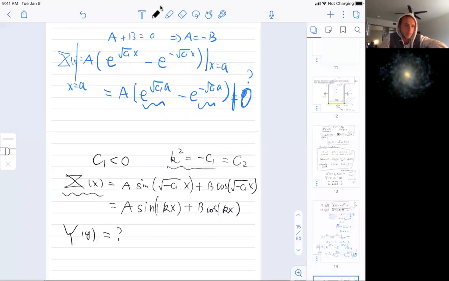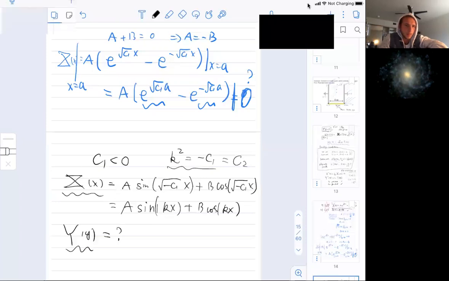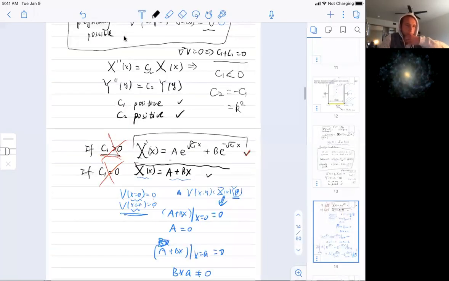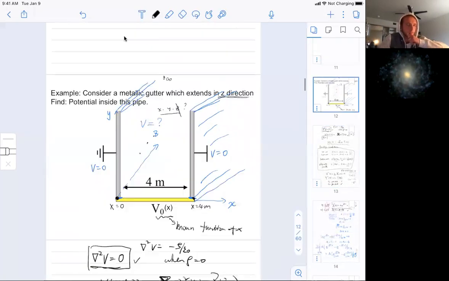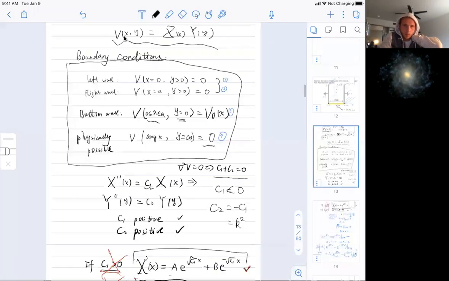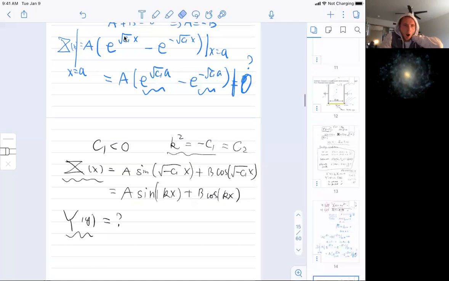Okay, so will you be able to tell me what this function of y will look like? C2 is positive, so your C2 function is going to look like this, right? C1 looks like this, C2 looks like this. So the y function looks like, okay, I'm going to write it out.